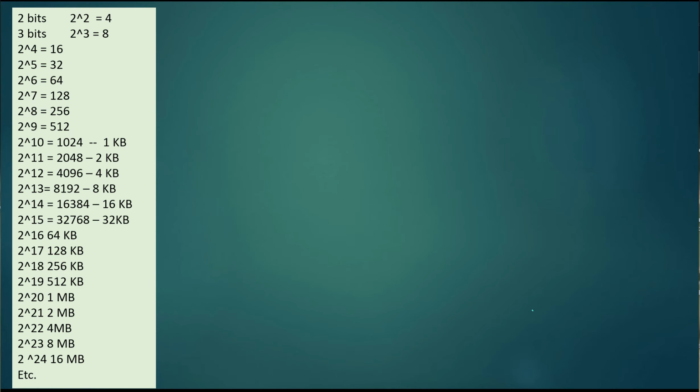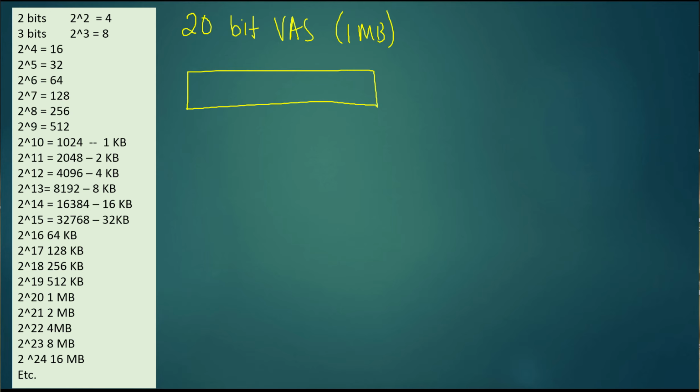All right, so let's talk about how these virtual addresses are generated. Let's say, for example, that you had 20 bits of virtual address space. You could take that 20 bits of virtual address space, which is 1 megabyte, and break it into page number and offset within the page.